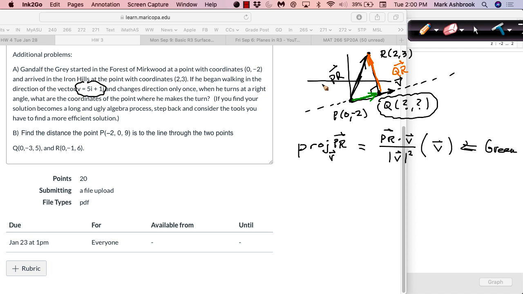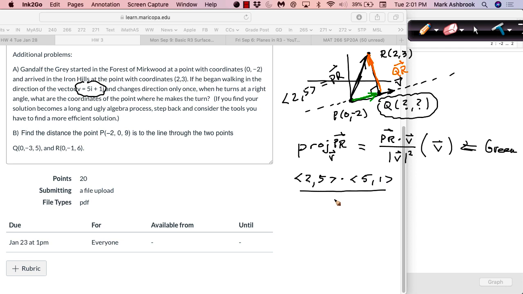So PR, we can do final minus initial, Kyle, because we've got it. So 2, 5. Check my math. We've got 2, 5 dot 5, 1, over, I think it's the square root of 26, is that right?